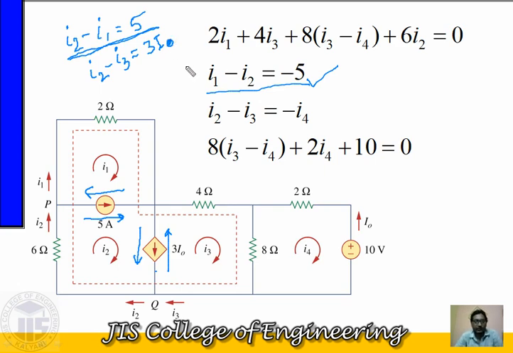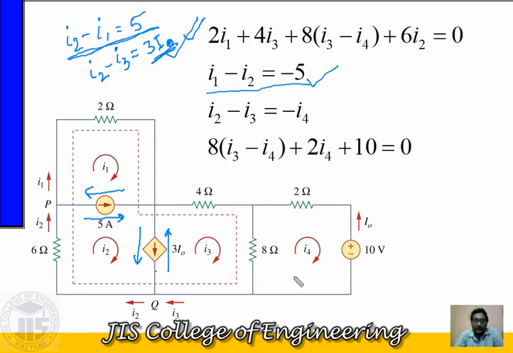I am writing here 3 into capital I0. Here we have written I2 minus I3 as I4, because we have considered one extra current. We have considered this 3 I0 current as minus of I4. We have just assumed that this current is minus I4. So this is our other equation.